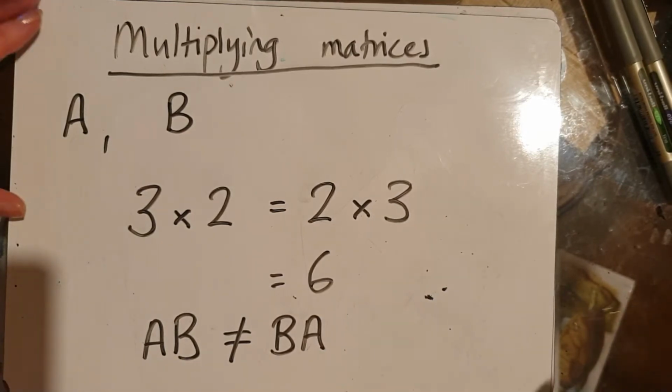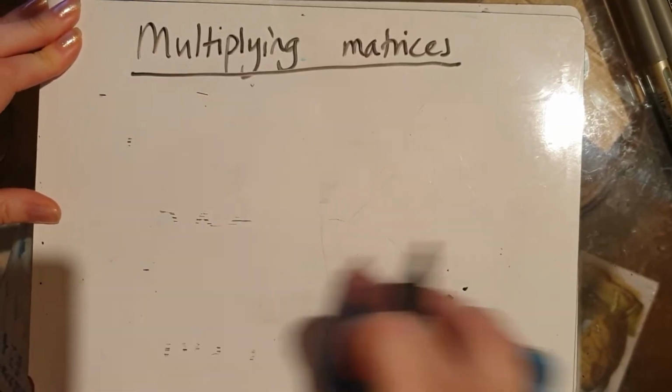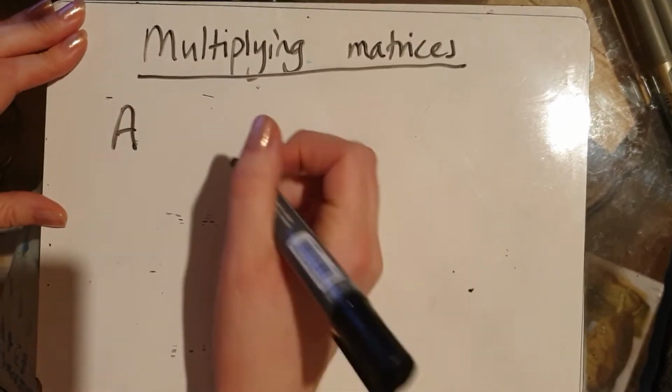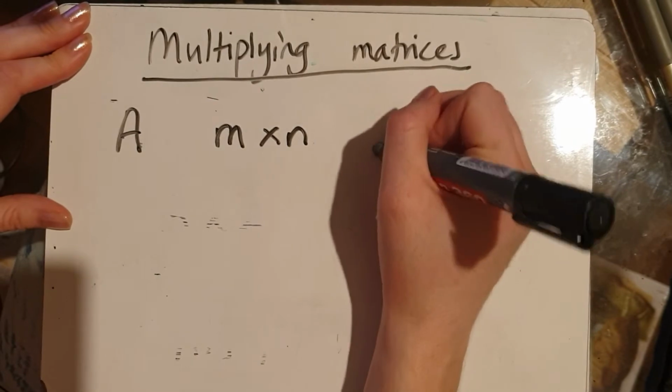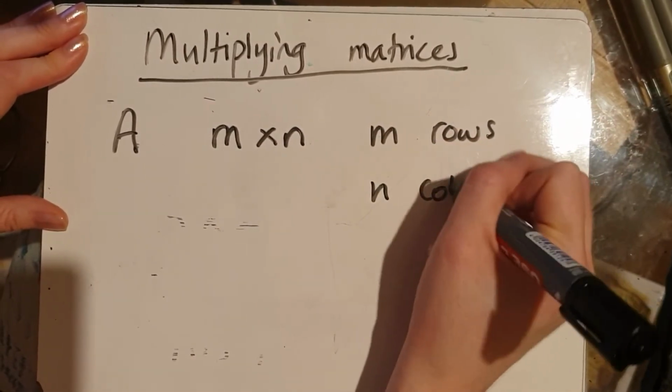So when can we multiply two matrices together? I told you last time that a matrix, let's say matrix A, is M by N if it has M rows and N columns.